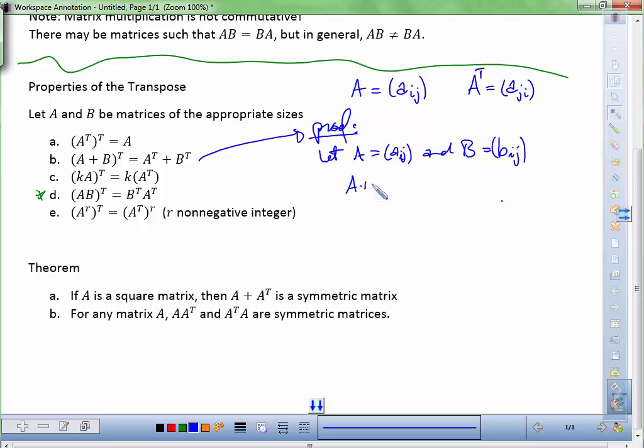So A plus B is going to be A sub ij plus B sub ij, where you're adding component-wise, right? You're adding component by component. And sometimes we just say C sub ij to represent each of those components being added together. So A sub ij plus B sub ij is going to equal a C sub ij for the different i's and j's that we have.